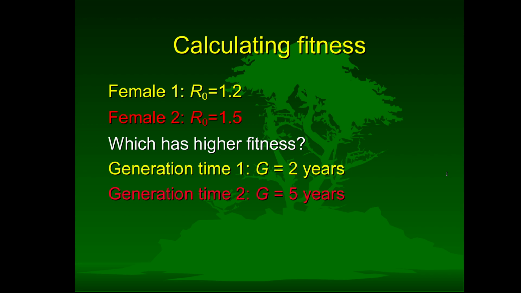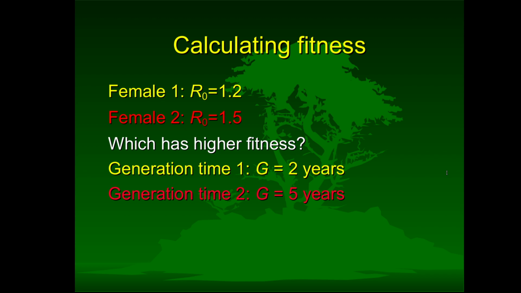If we know the life table for the 2 females, then we can calculate the total rate of population increase for the 2 and compare. But to do this, we need to make sure that the rates that we are comparing have the same time units. That's critical. It's going to be number of offspring in both cases, but we want to make sure that the denominator is the same.